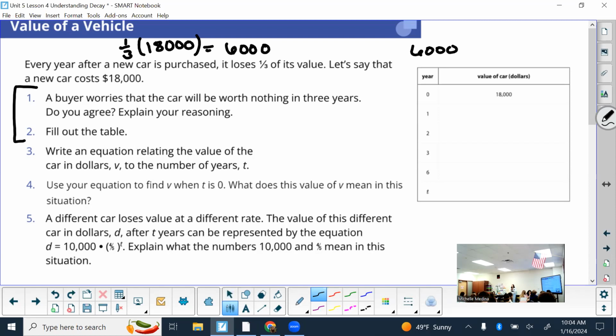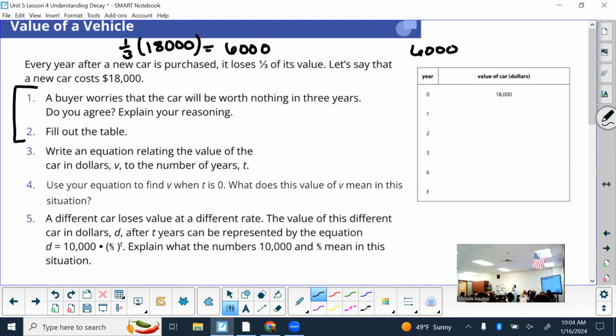Now you guys probably don't have a car yet, so you may not know, but even really old cars usually still sell for something. My first car was a 1999. When I sold it, I still got $2,000 for it.